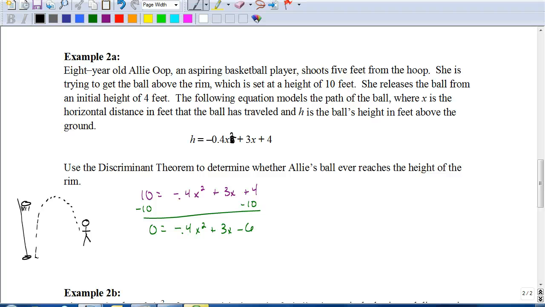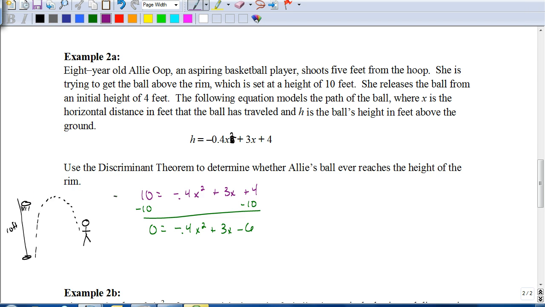Right now, looking at this parabola, the height of the ball would be 10 feet. Well, if we were to shift that parabola up, basically what we're doing is using the height of the rim as our x-axis, and we want to see does it ever reach that height. So essentially that's what we're doing. That's a way that you can think of it.